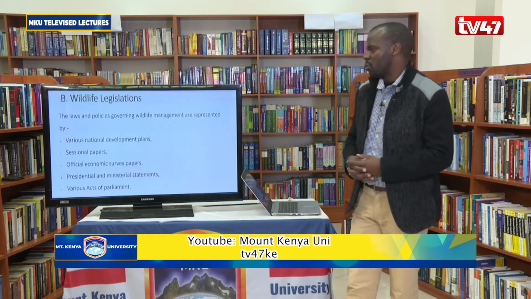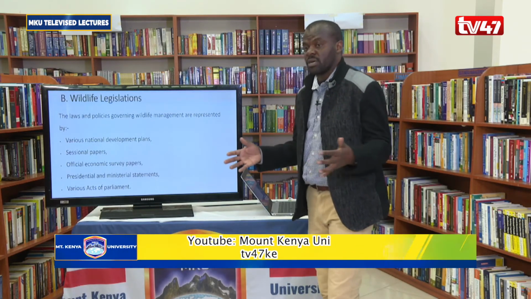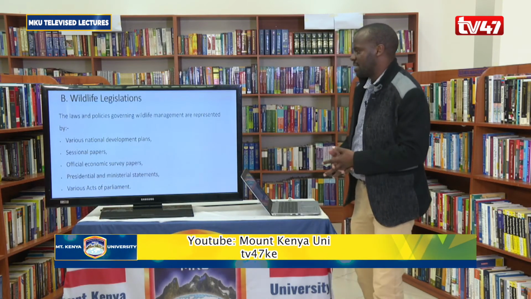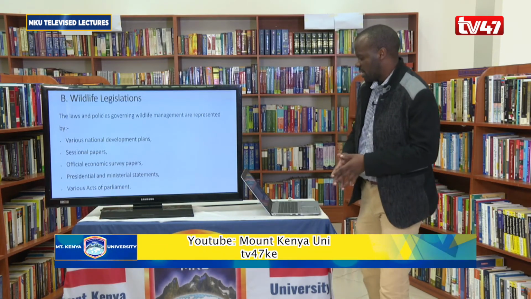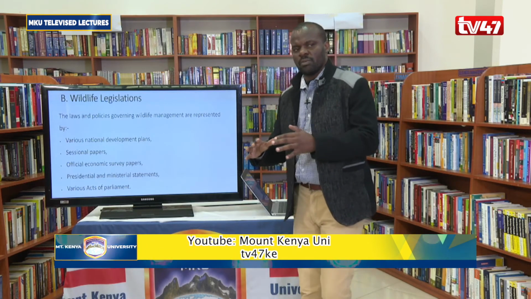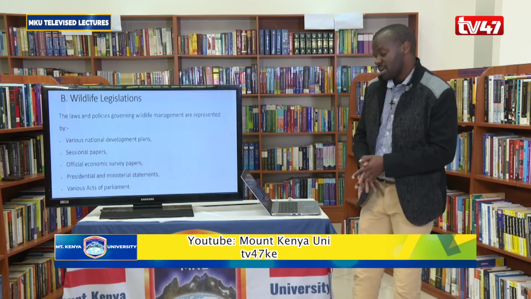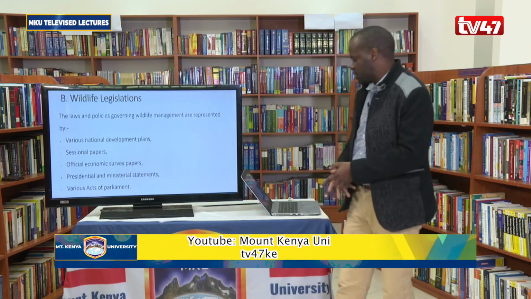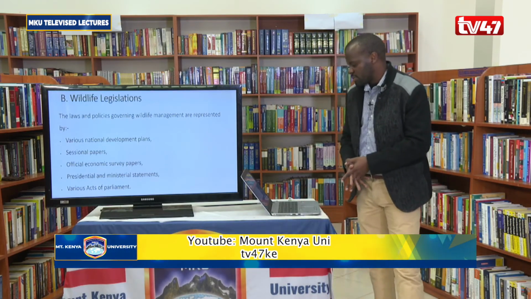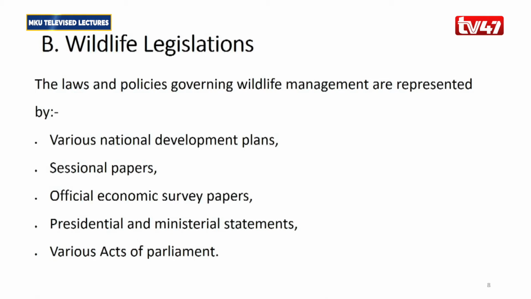We have official economic survey papers telling us about the gazettement of areas that have these types of wildlife, or talk about flora and fauna. And then we have presidential and ministerial statements. They can have a decree, for example, which gives a directive on how this flora and fauna can be conserved.